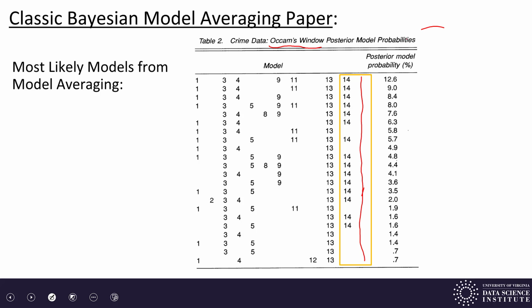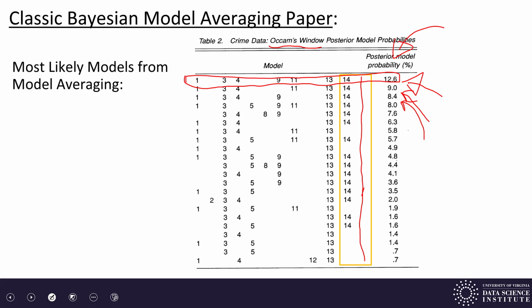This last column is the probability for each model. The first model here, forgive my inaccuracy in drawing on the screen, includes predictor variables 1, 3, 4, 9, 11, 13, and 14, and its probability is 12.6. The next model, which varies only by not including number 9, has a probability of 9, so that's only slightly less probable.